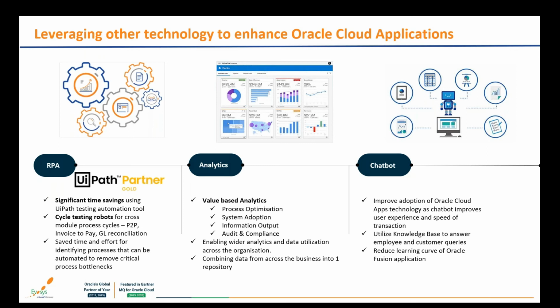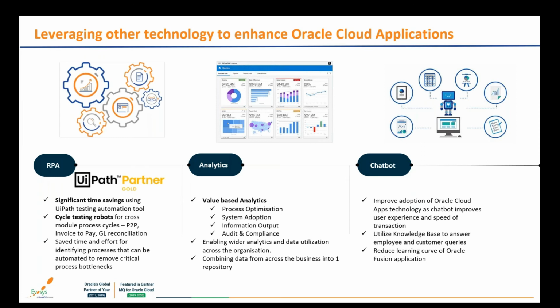So for today, I'm going to be talking a little bit further about RPA, but we'd like to cover analytics and chatbot in the next advisory sessions for 21B and 21C. But what I'd like to do is just use this as an opportunity now to gauge what would interest you more particularly for the next session, 21B.